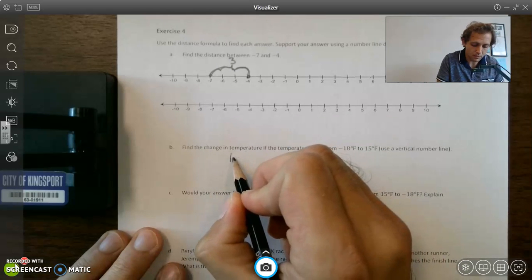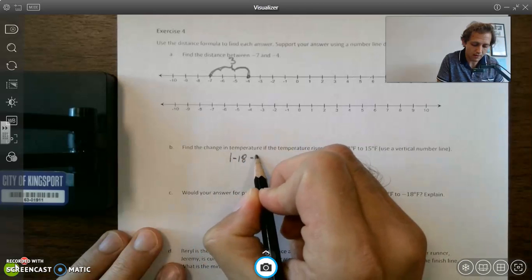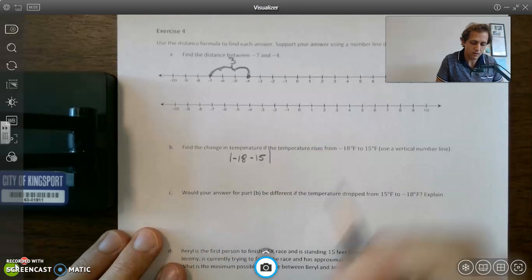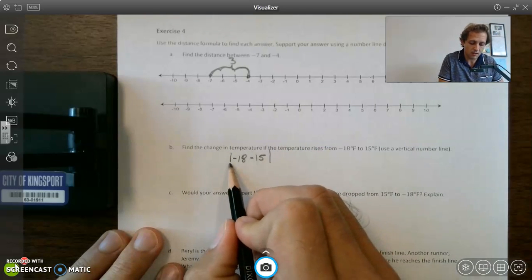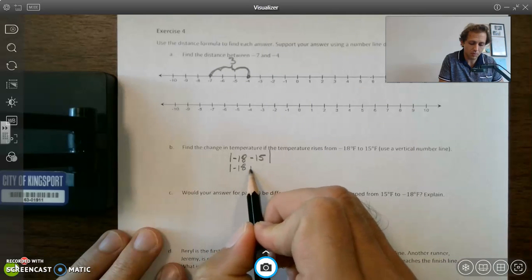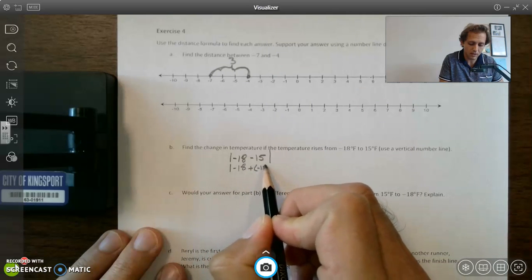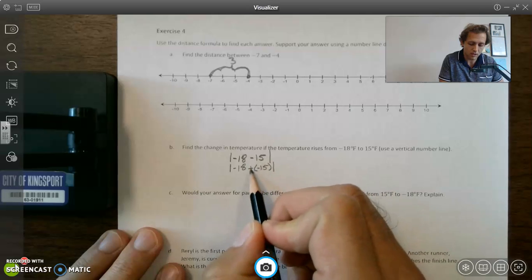The difference between -18 and 15. -18 minus 15, so that would be the same as -18 plus -15, changing all subtraction to addition.